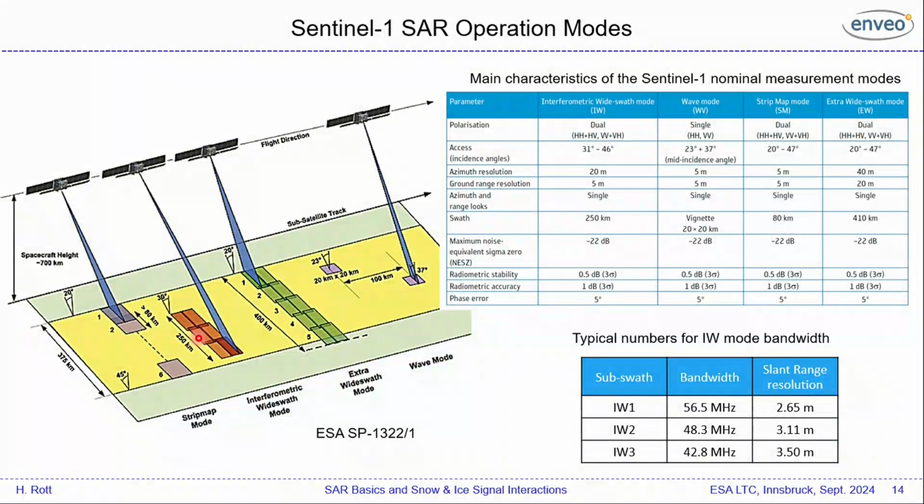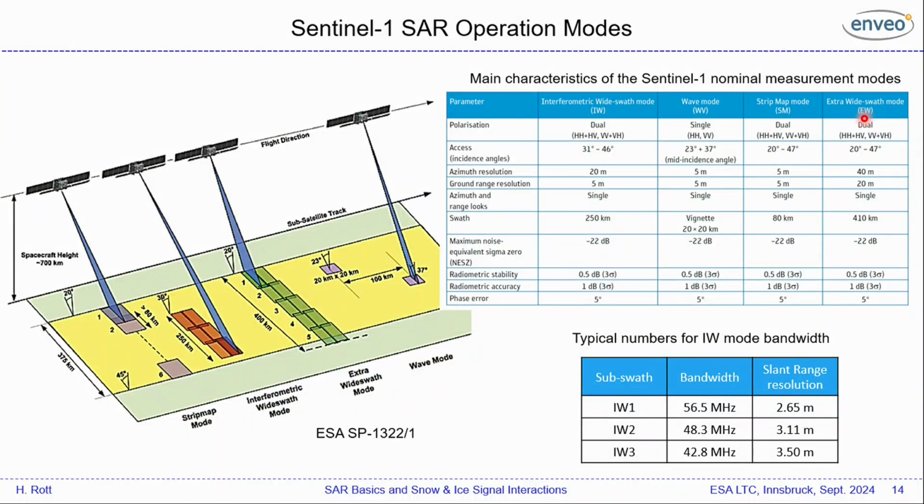Then you have the interferometric wide swath mode, which will be the main product, 250 kilometers wide, 20 meters azimuth, 5 meters in slant range ground resolution, which, for example, will be used for the wet snow mapping exercise.